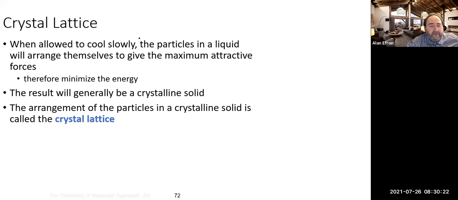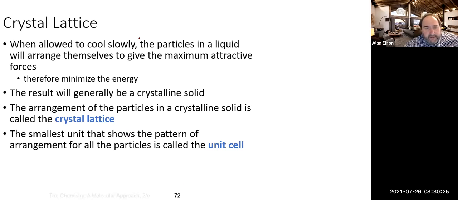And that brings us to a crystal lattice. Here we're really talking about crystalline solids that have a lot of order. When they're allowed to cool slowly, the particles, as with liquids, arrange relative to each other. There's a little bit of movement to maximize attractive forces and minimize repulsive forces.